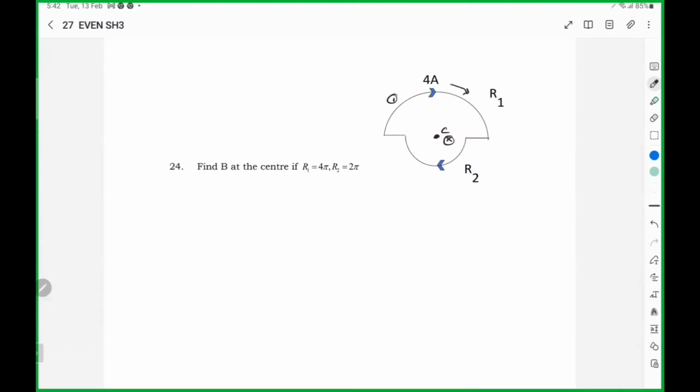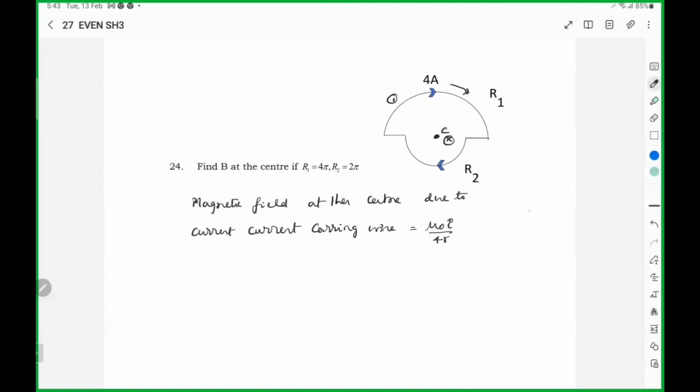So the magnetic field at the center due to a current carrying wire is mu naught I by 4R if it is a semicircular wire.